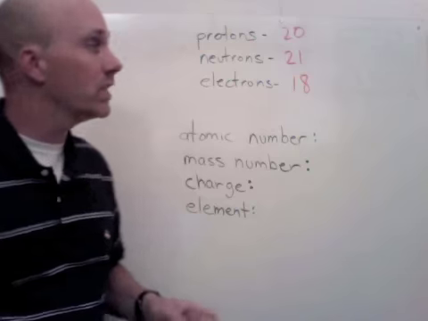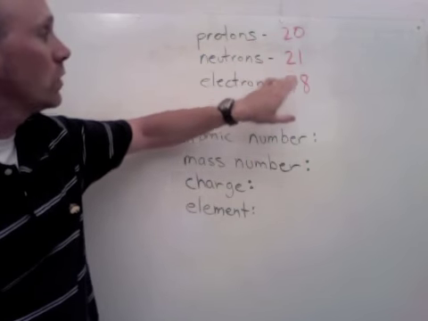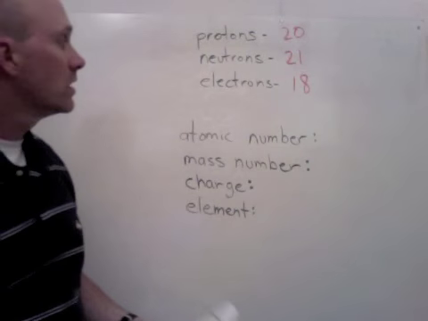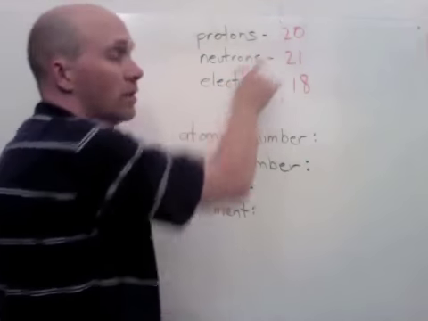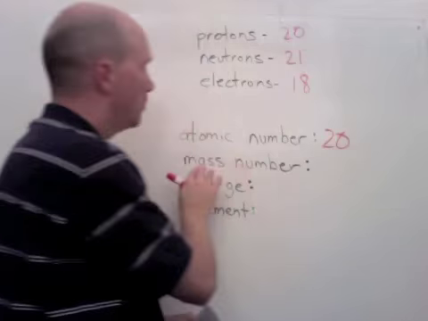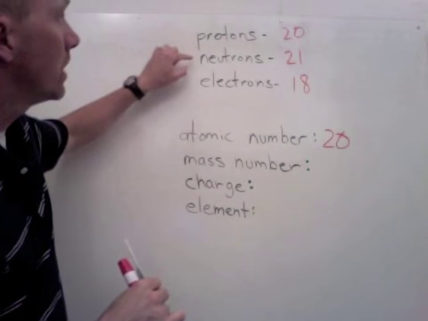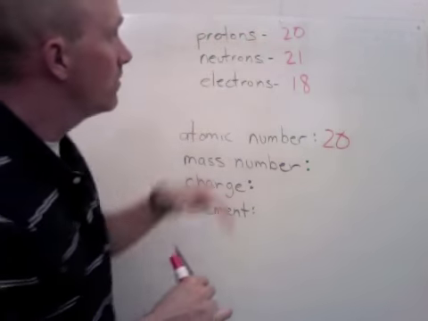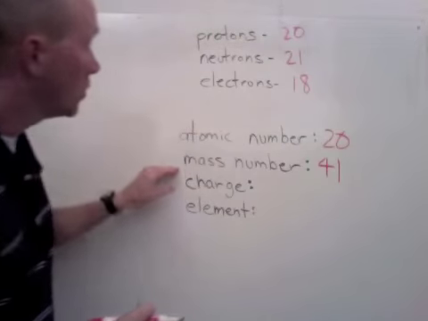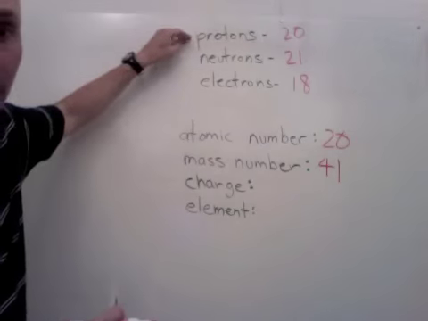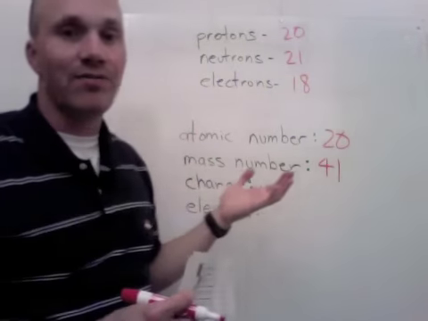Okay, let's try one more example. 20 protons, 21 neutrons, 18 electrons. The atomic number is just the number of protons. Mass number is going to be protons plus neutrons. That's going to be 41. Charge, you need to look at the relative number of protons and electrons. Which do you have more of?